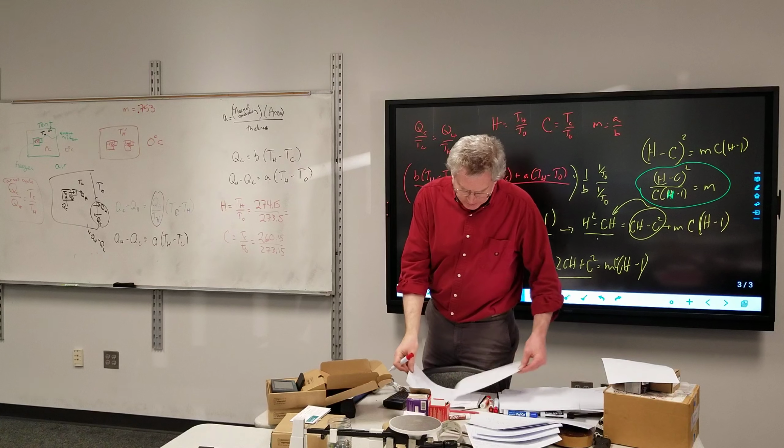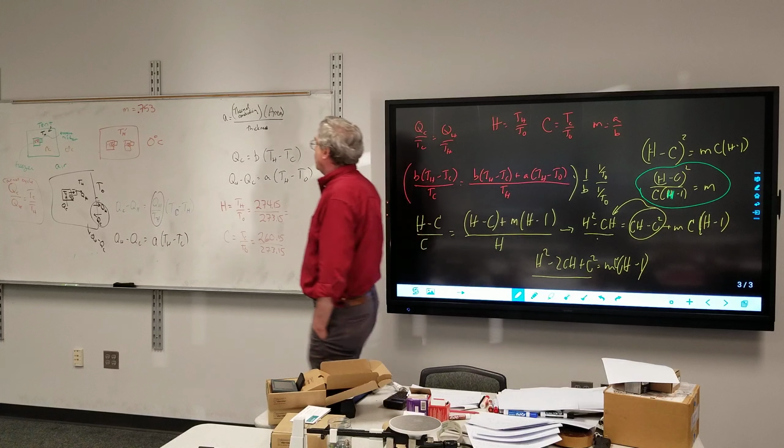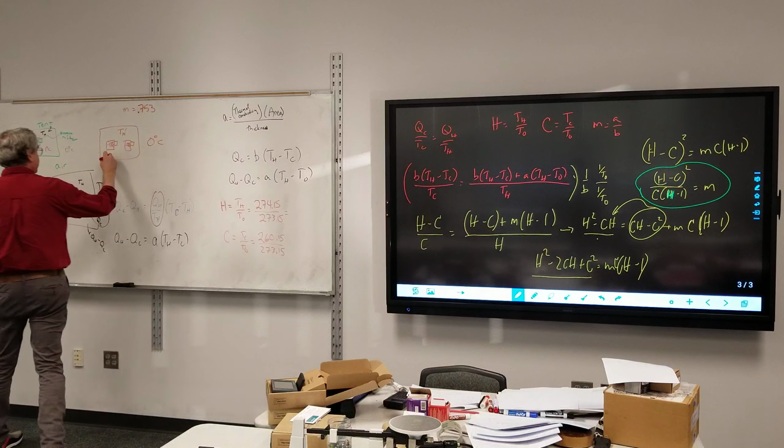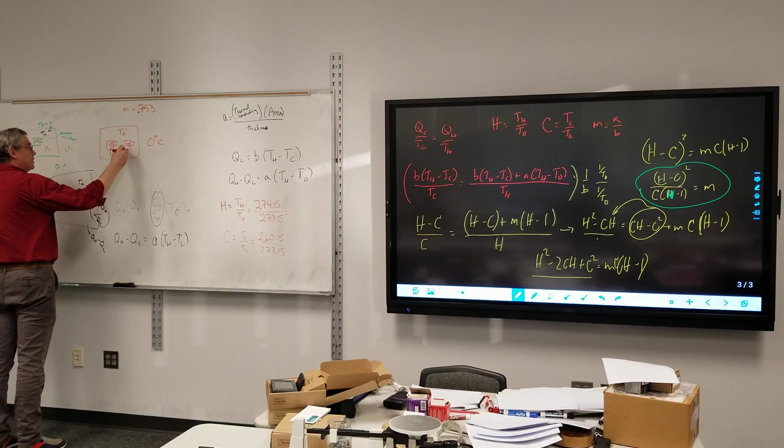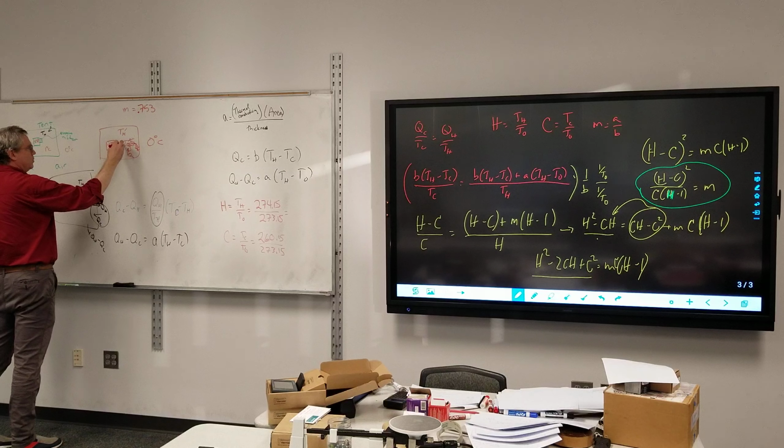Now, we've done a lot of the work already. We do have QC coming in here and QC coming in here, and actually coming out of the engine here, QH prime. I guess it's QH prime, not Q prime.